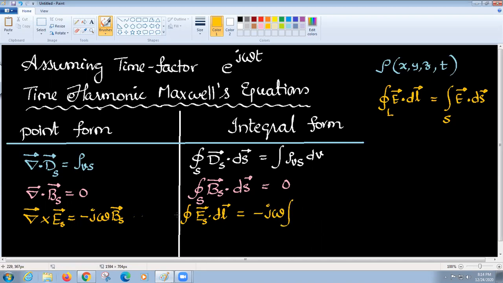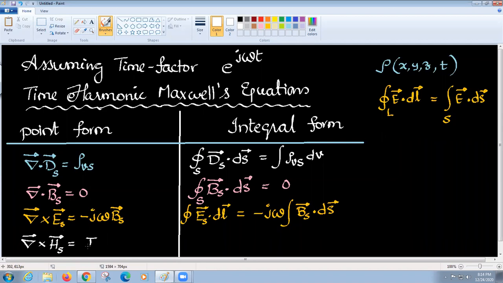So what do I do now? I can take Bs dot dS. That is here. Okay, so of course, we have done this. You know, this is very easy. And the last one, none of the colors are good, I think, except white. Okay, so in the point form, you can say differential form, curl of Hs.